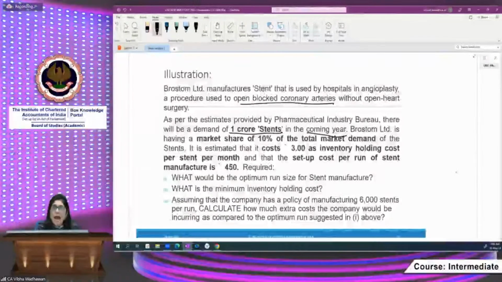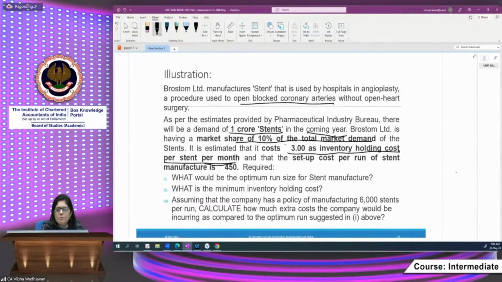So that means annual demand is given. This company is having a market share of 10% of the total market demand. It is estimated that it costs 3 rupees as inventory holding cost per stent per month. Be careful. Setup cost per run, per batch, is 450.